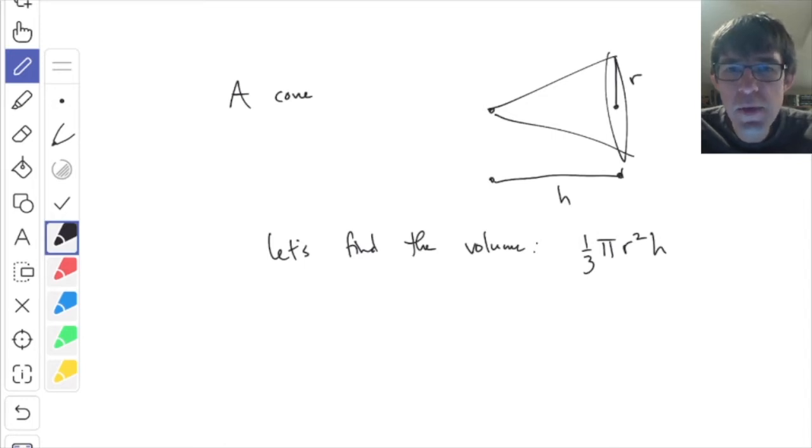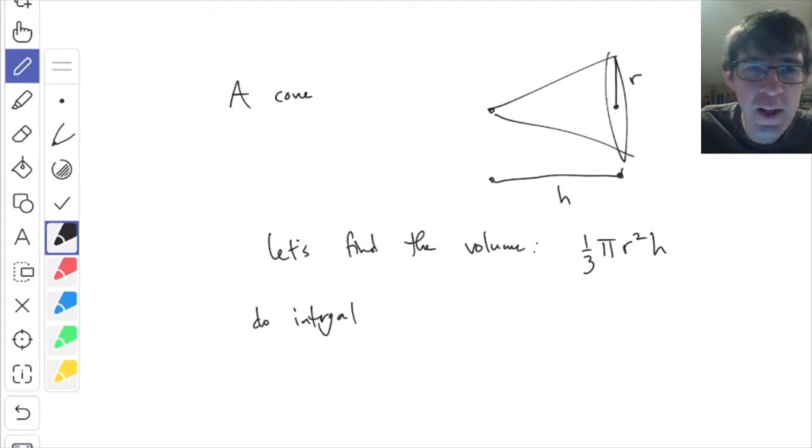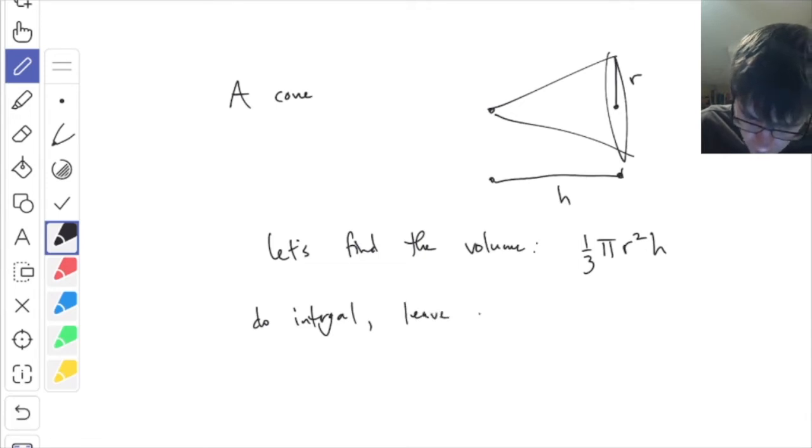Let's see if we can find the volume using the integral. We would like to end up with that. So we're going to do the integral stuff. Do the integral. And all throughout we're going to leave r and h as if they were constants.